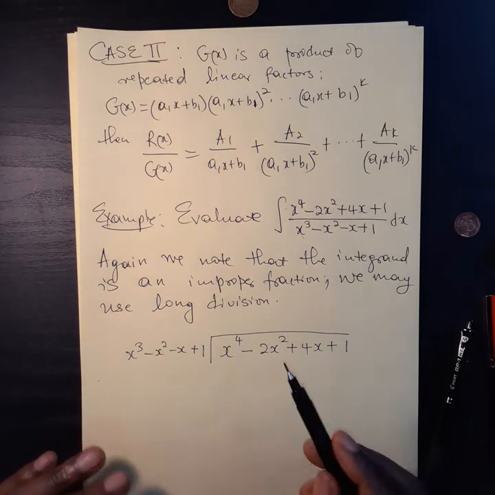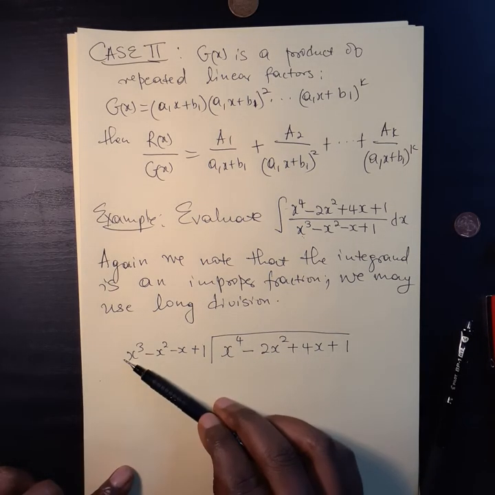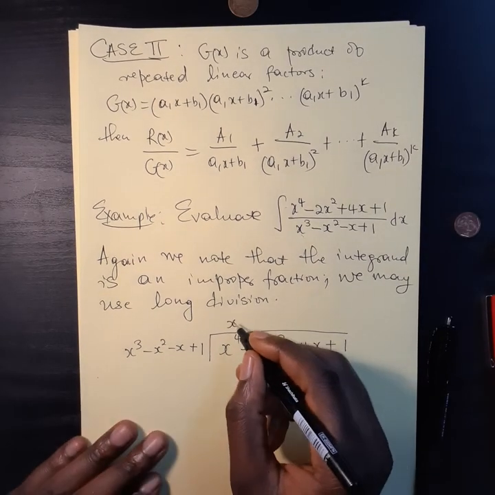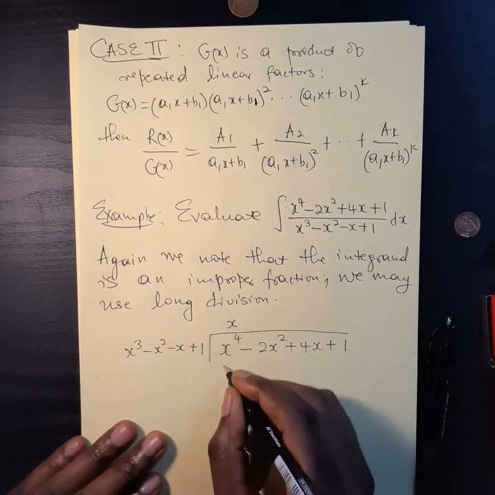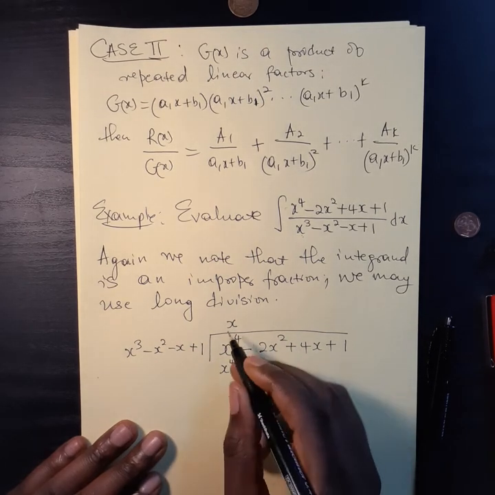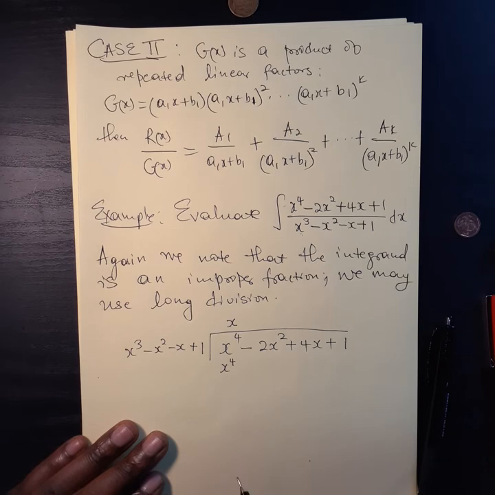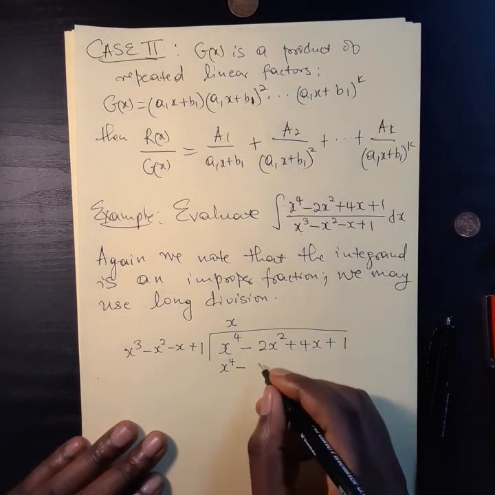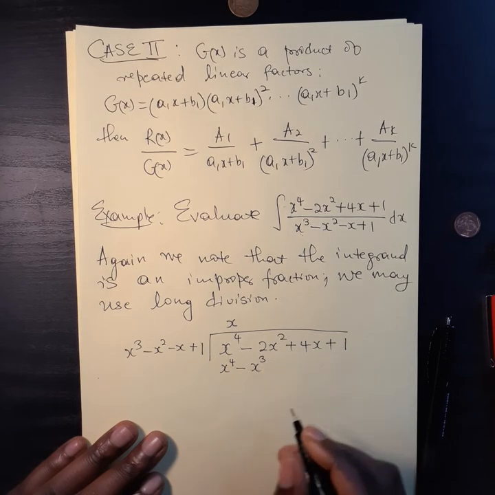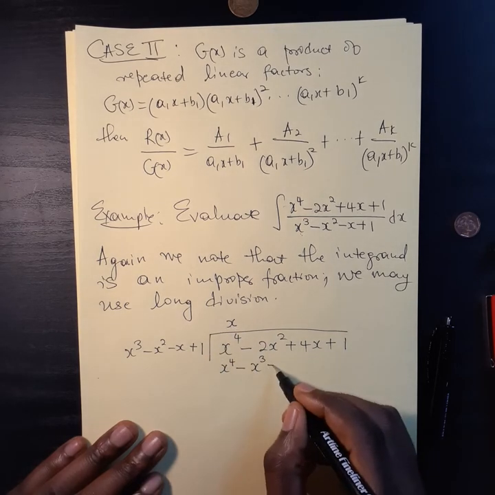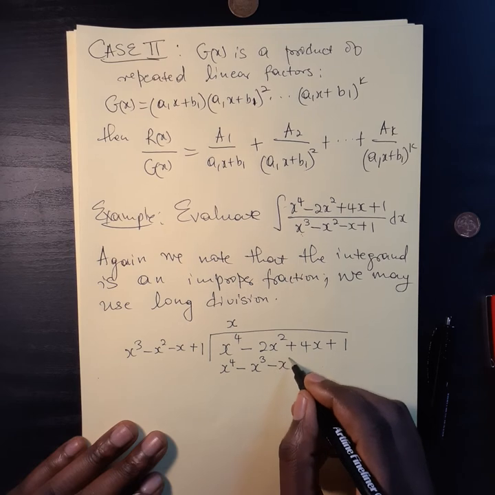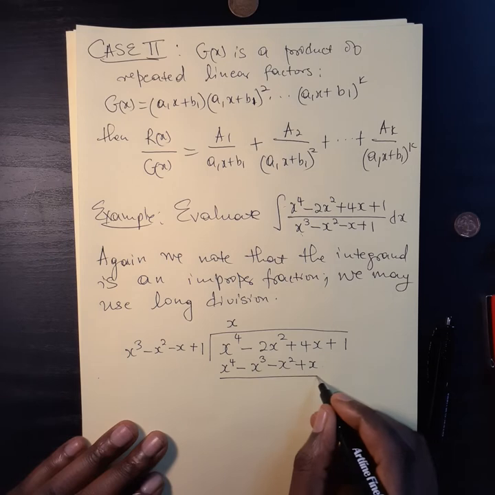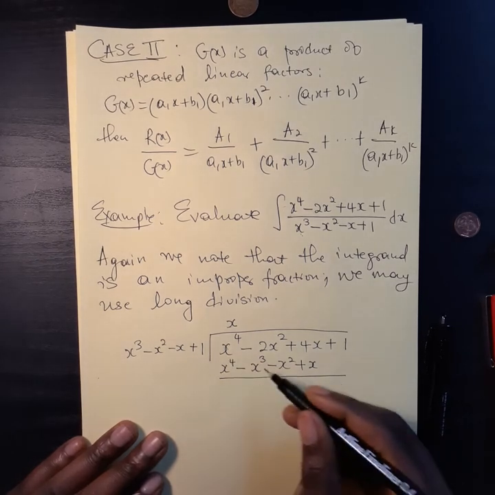Then do it the very same way, divide this by that. It is x. Then multiplication, x times x cubed is x to the power of 4. X times minus x squared, we get minus x to the power of 3. And then minus x squared plus x, like that. Then we subtract, this will be 0.